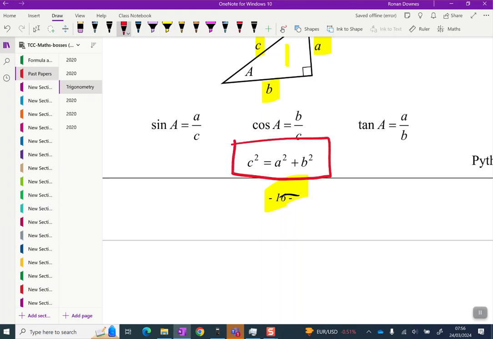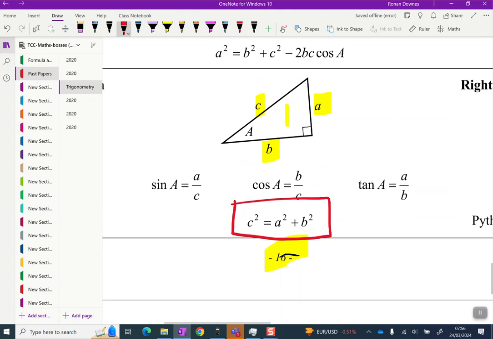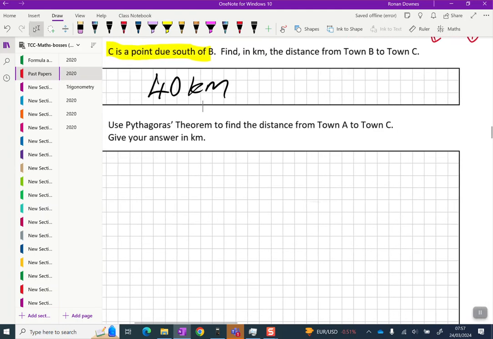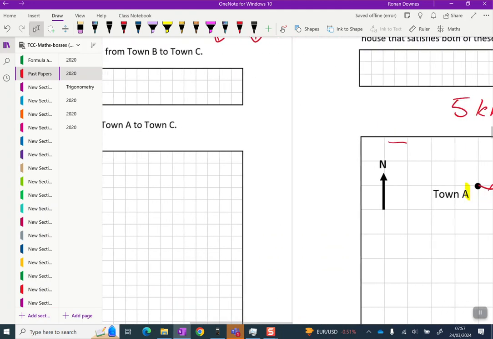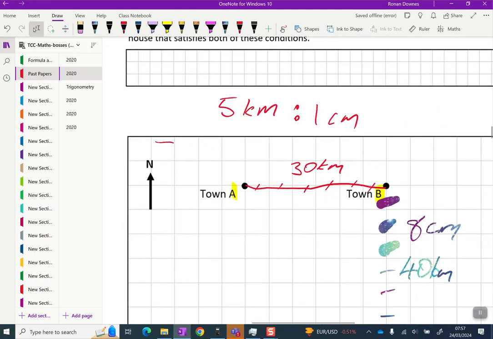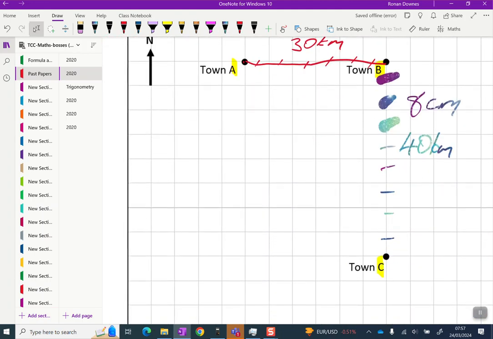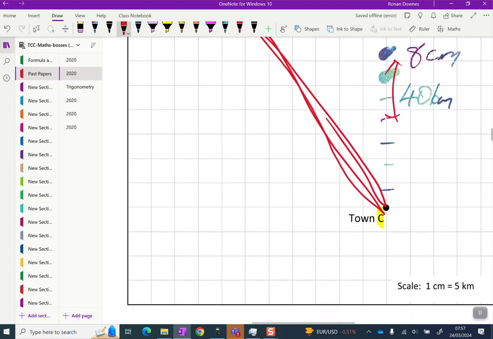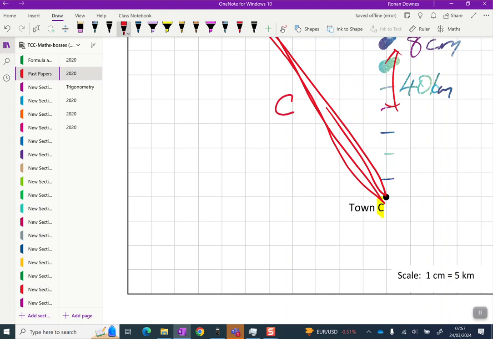Now in our case, distance from town A to town C, we have to find this distance here. Now while the triangle has been turned upside down compared to what we saw in the log tables, the 30 and the 40 are still the legs. So we'll just call this here C so that we can connect it up with our formula.